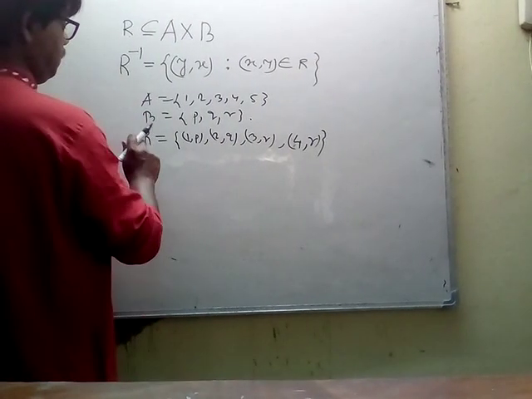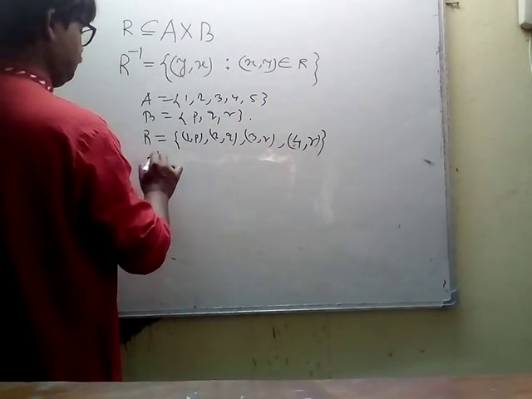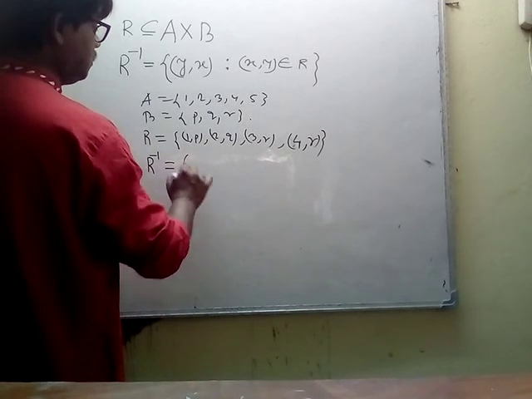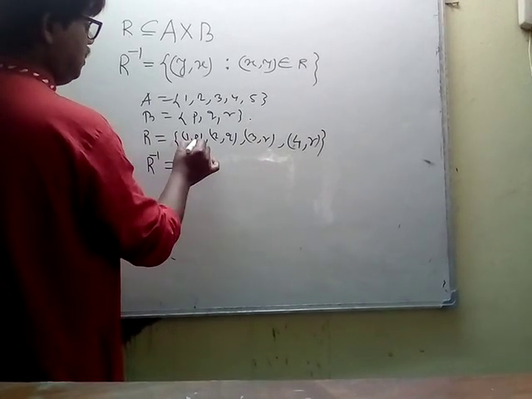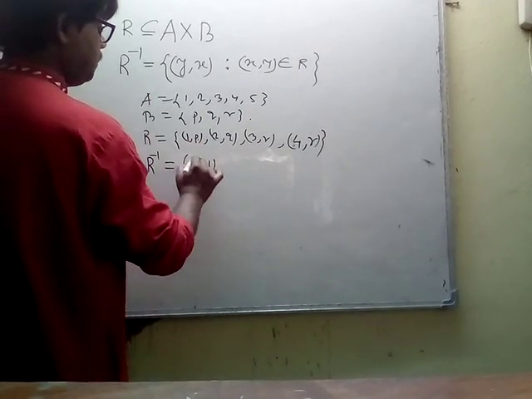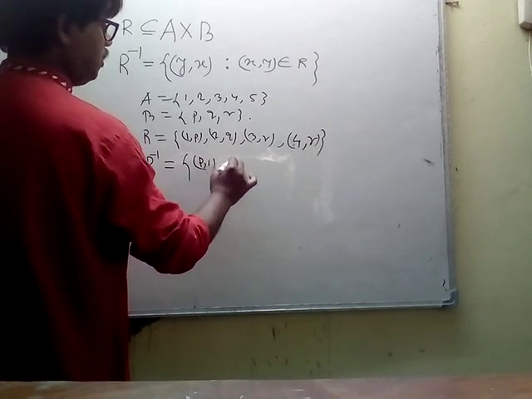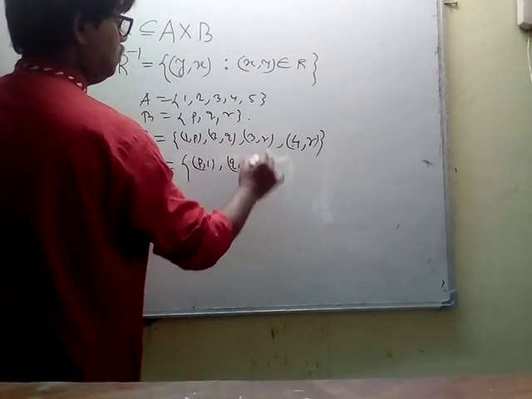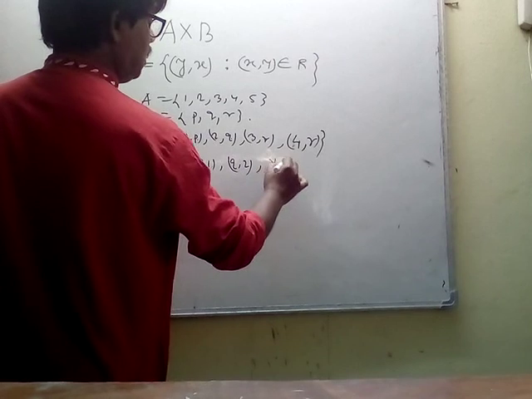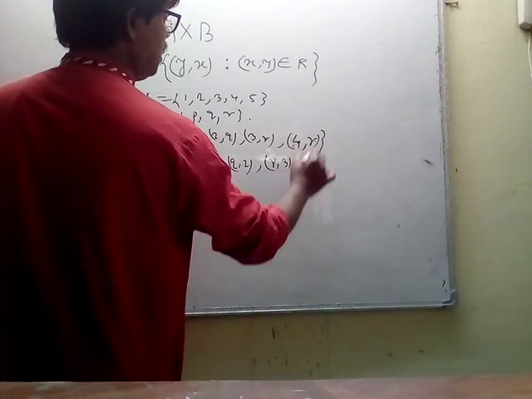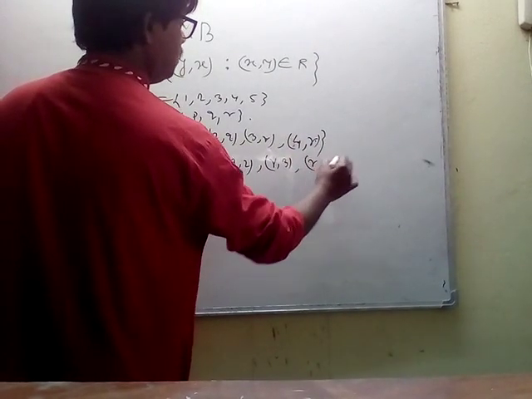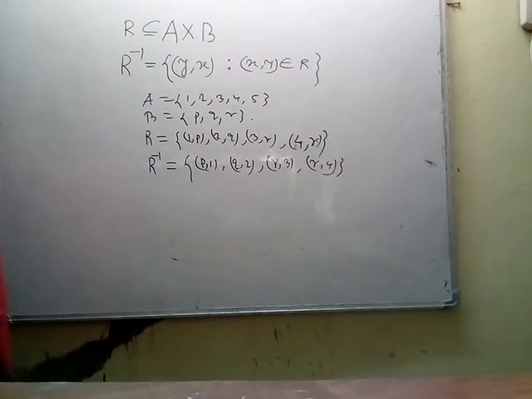Then R inverse will be: for (1, P) we take (P, 1), for (2, Q) we take (Q, 2), (R, 3), (R, 4). This is the inverse relation.